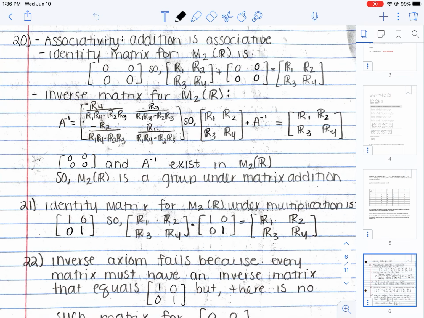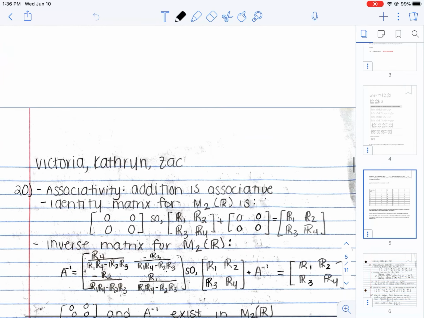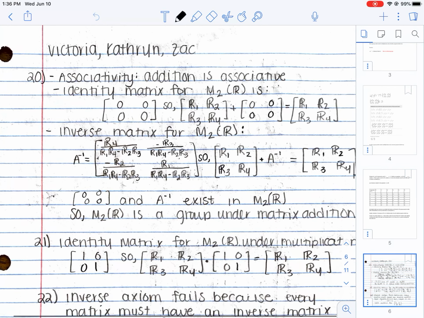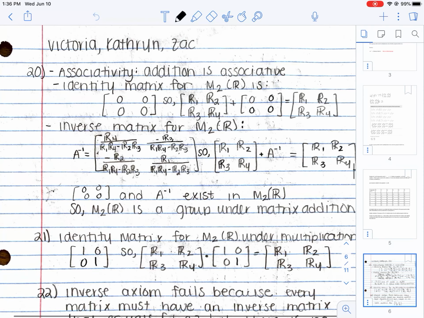So just looking at that stuff, 20 was about adding matrices. And I think this is Victoria and Catherine and Zach. I think you guys, this is sort of confusing notationally because there's R's instead of just A, B, C, D or something. But either way, I think that maybe this expression came from thinking about multiplicative inverses. I'm not really sure.